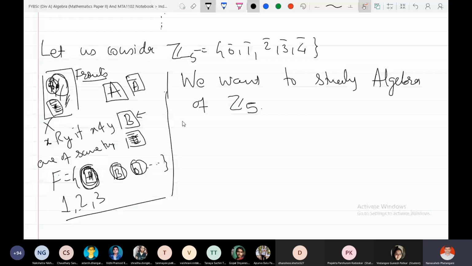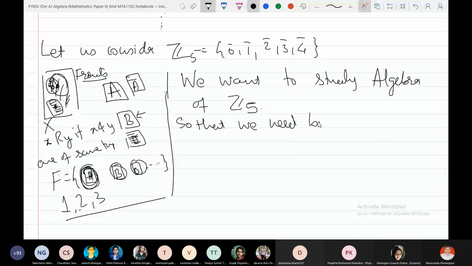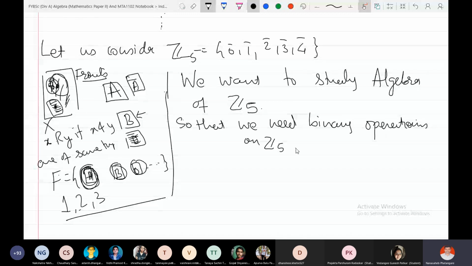Because when you learn algebra, you work with expressions, and the expressions involve addition and multiplications. Multiplications means powers and so many things, right? So to study the algebra of Z5, we need binary operations on Z5. Which binary operations? Addition and multiplication.